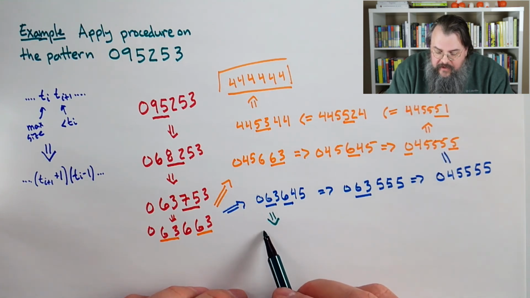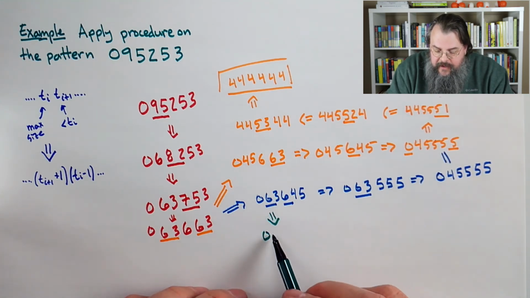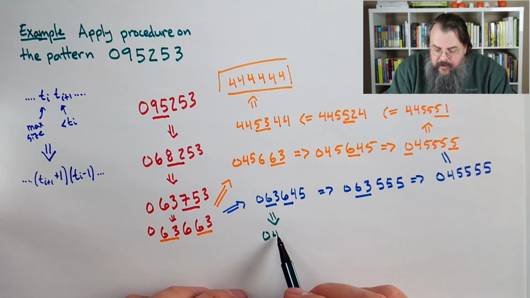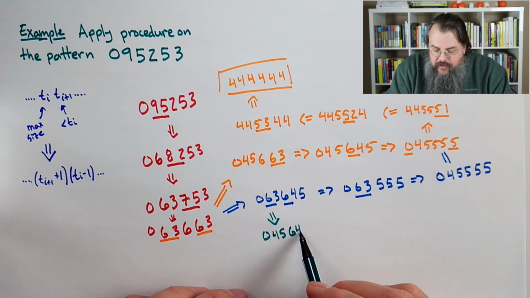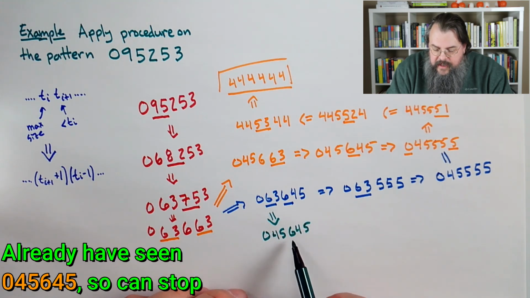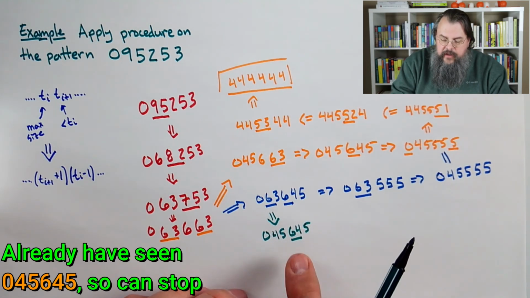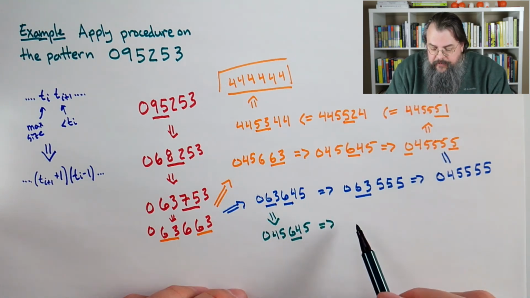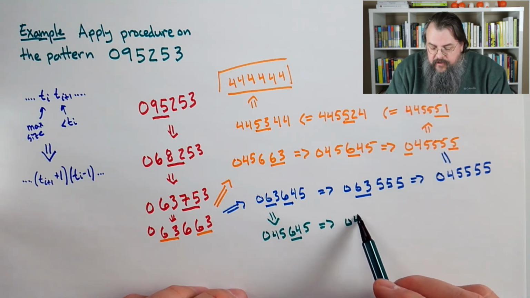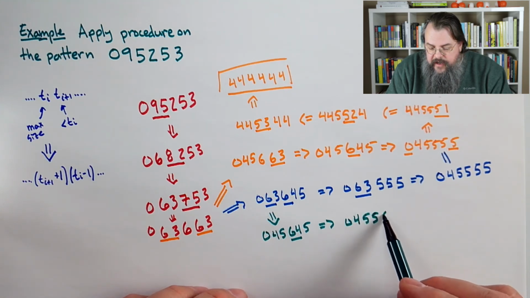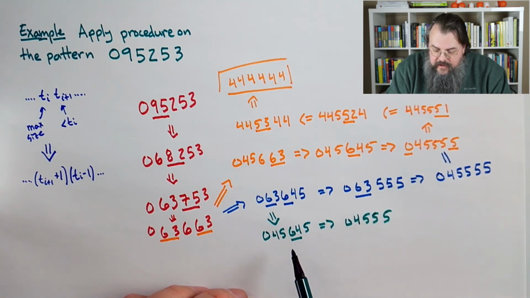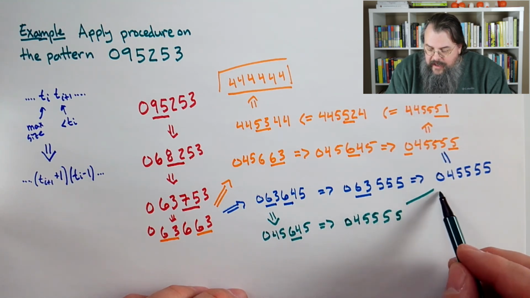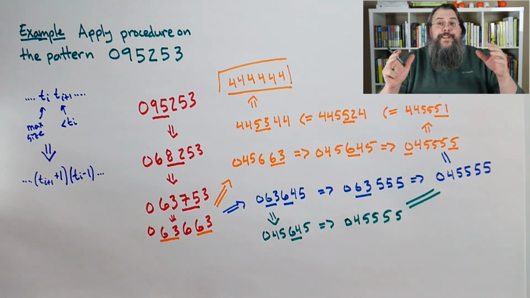Well, we would have 0, and then a 6, 3 would become a 4, 5, 6, 4, 5. And then the 6, 4 has to be the one that changes. Okay, so that becomes 0, 4, 5, 5, 5, and one more 5. And we're now like, aha, again, back to work.